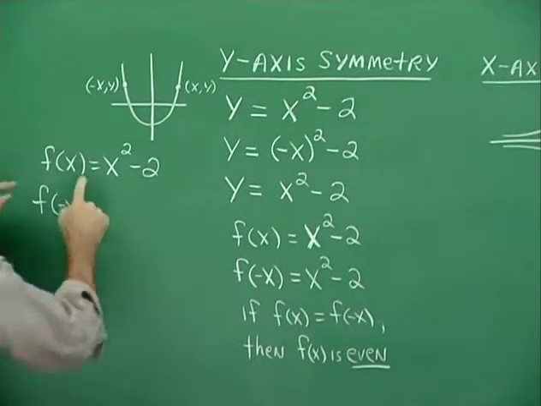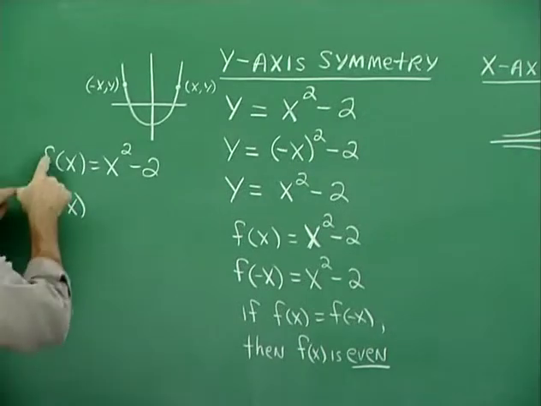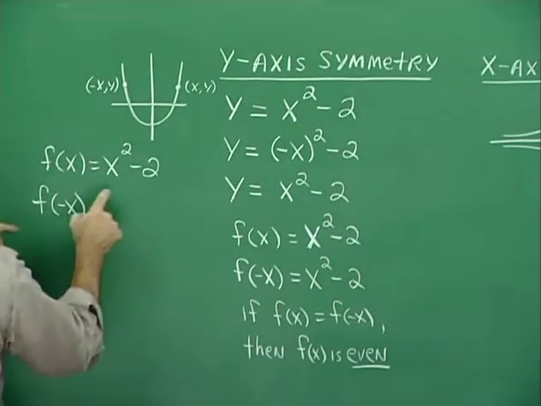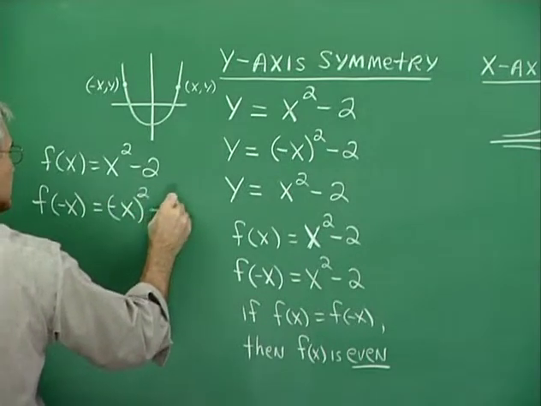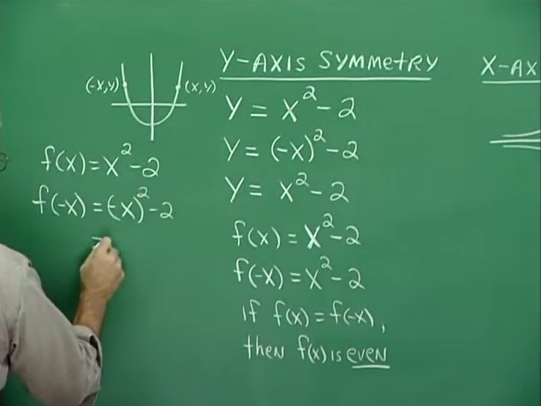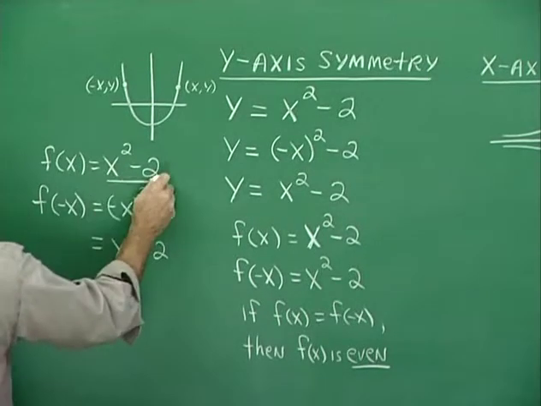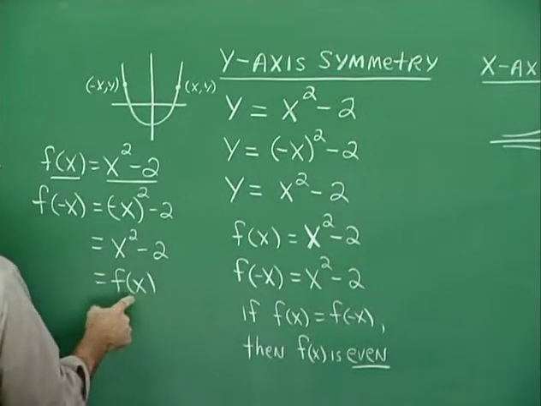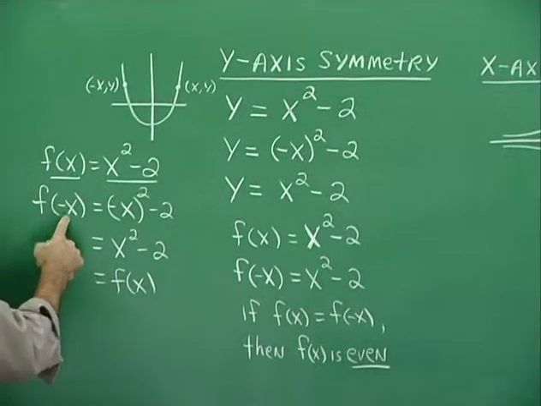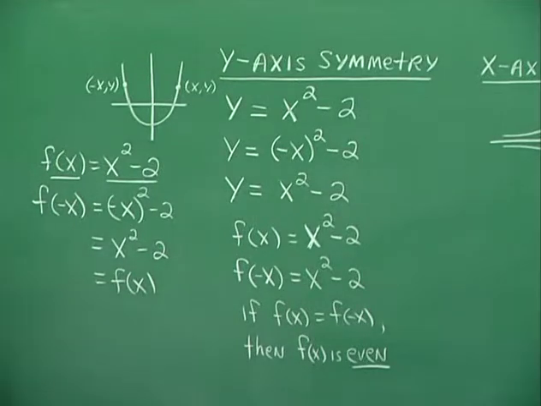Well, first of all, just make the substitution for f of negative x. This means in the f function, replace x with negative x. So this becomes negative x squared minus 2. You see, and now this becomes x squared minus 2. But x squared minus 2 is this, which is that. So this is f of x. So f of x is equal to f of negative x, and we determine then that f of x is even. All right, that's the idea.